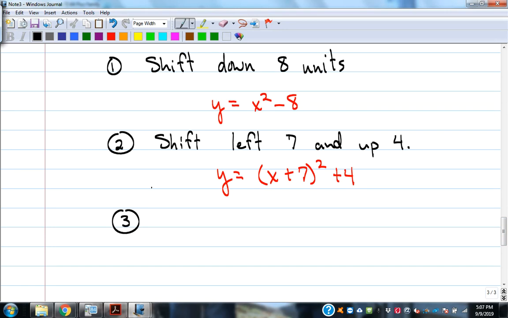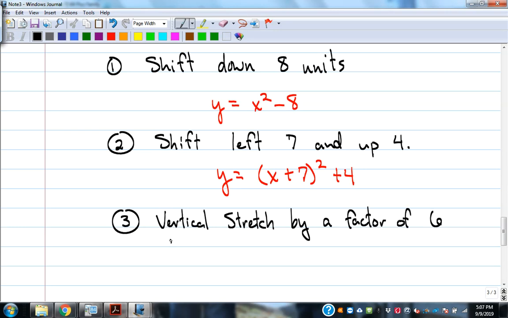Let's say we had a vertical stretch by a factor of 6 and shift right 3 units.